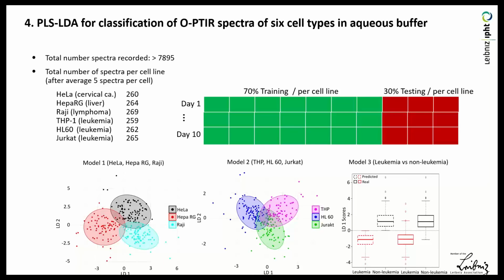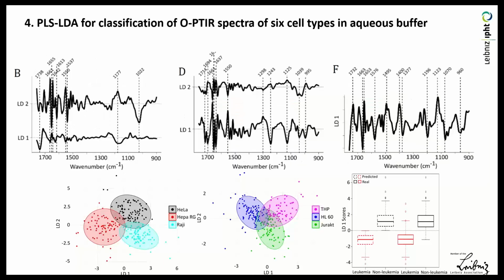And then model 3 was trained to distinguish the leukemia versus the non-leukemia cells. In PLS-LDA, you also get information about the loadings. And each loading has a certain signature, which is different for the 3 models. Well, we have here some effect, which is probably water vapor.